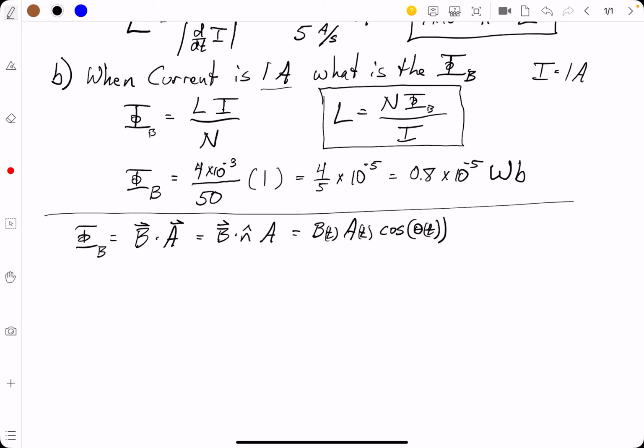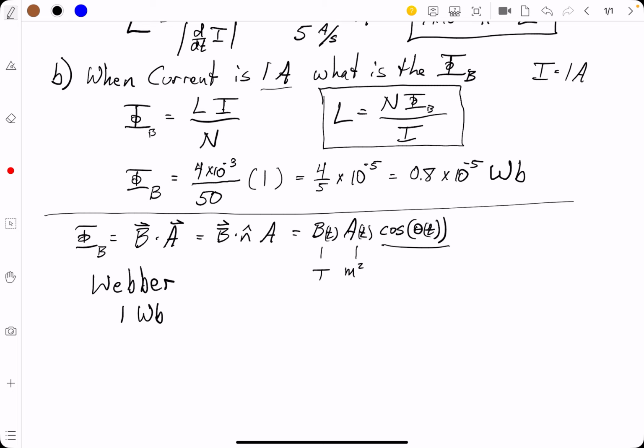Fine, good. But what I really want to do is talk about the units. This one is going to provide us with meters squared, and this one provides us with Teslas. So when we're saying phi is in Webers, 1 Weber, it's named after some physicist.